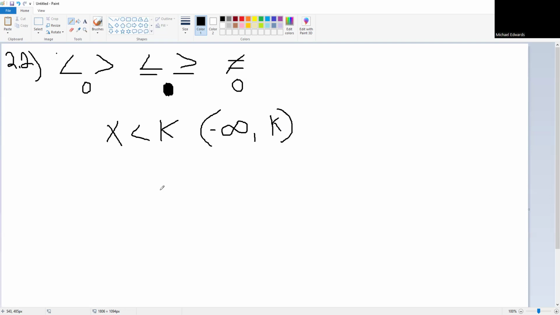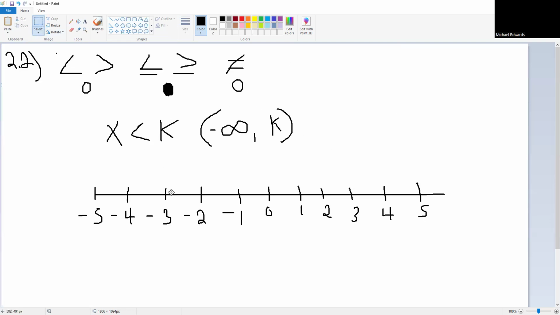So x goes to infinity. Like whenever I said that, on this graph, if we filled in, let's say k was, let's just do a real world example instead of using the variables.